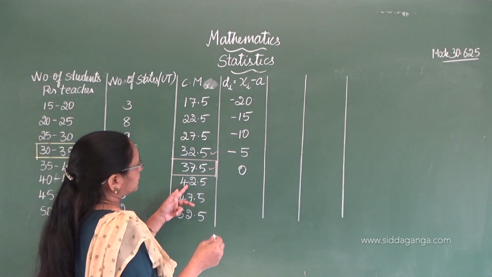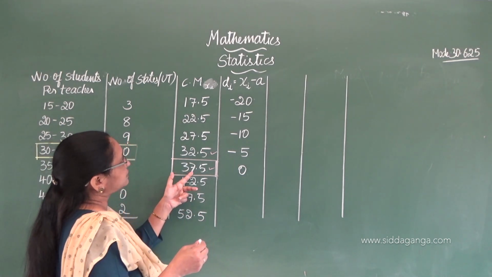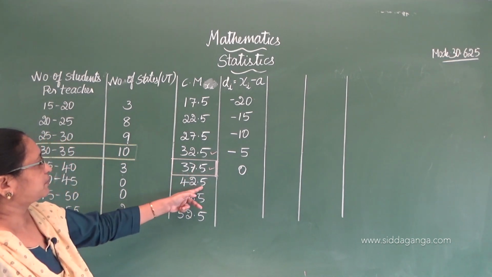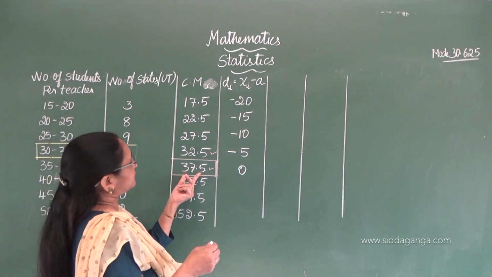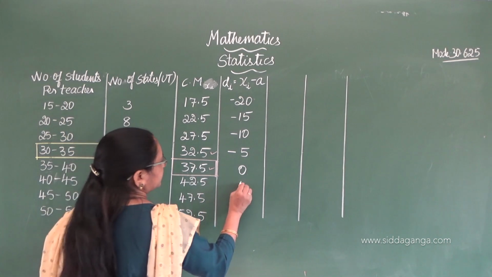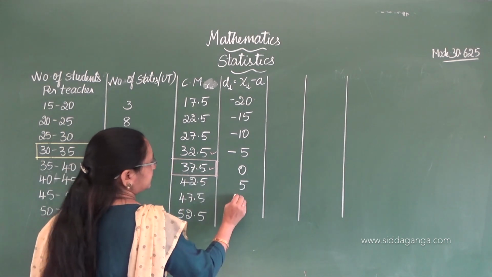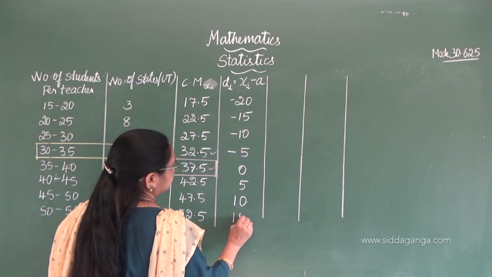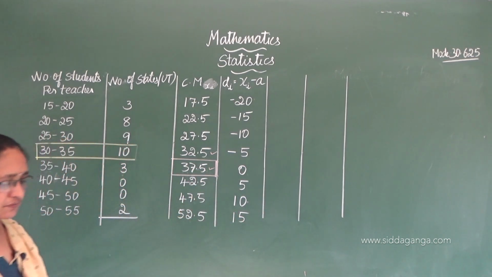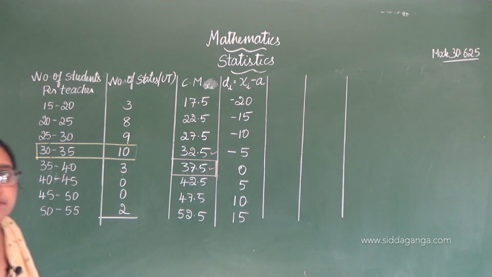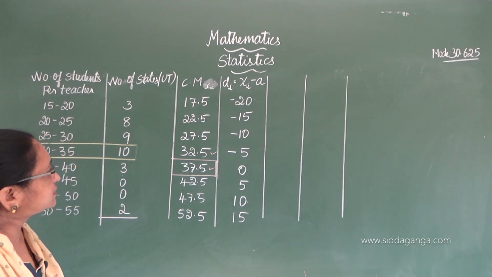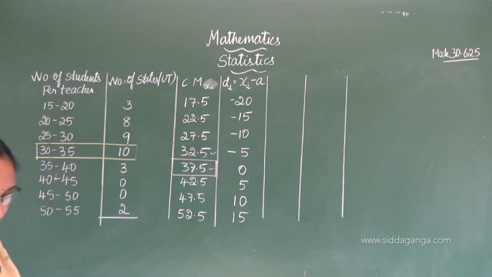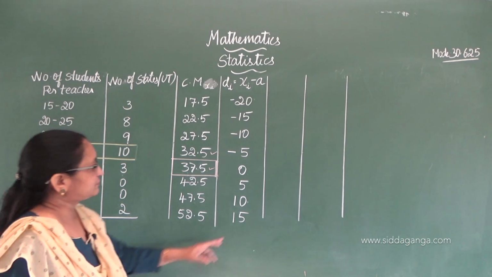So here 42.5 minus 37.5. So 5, 10, 15. Correct? So check once again: minus 20, minus 15, minus 10, minus 5, 0, 5, 10, 15.